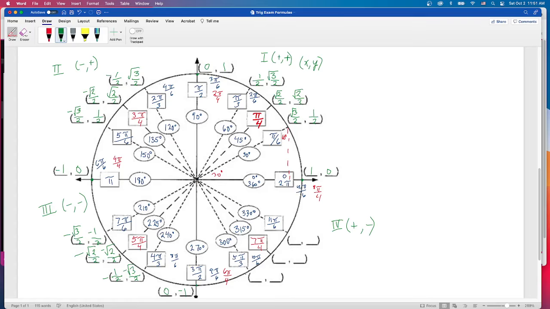Last part to finish our unit circle. The x's are first, so it's 0 going up to 1. So again, we start off, put a half in each of these.